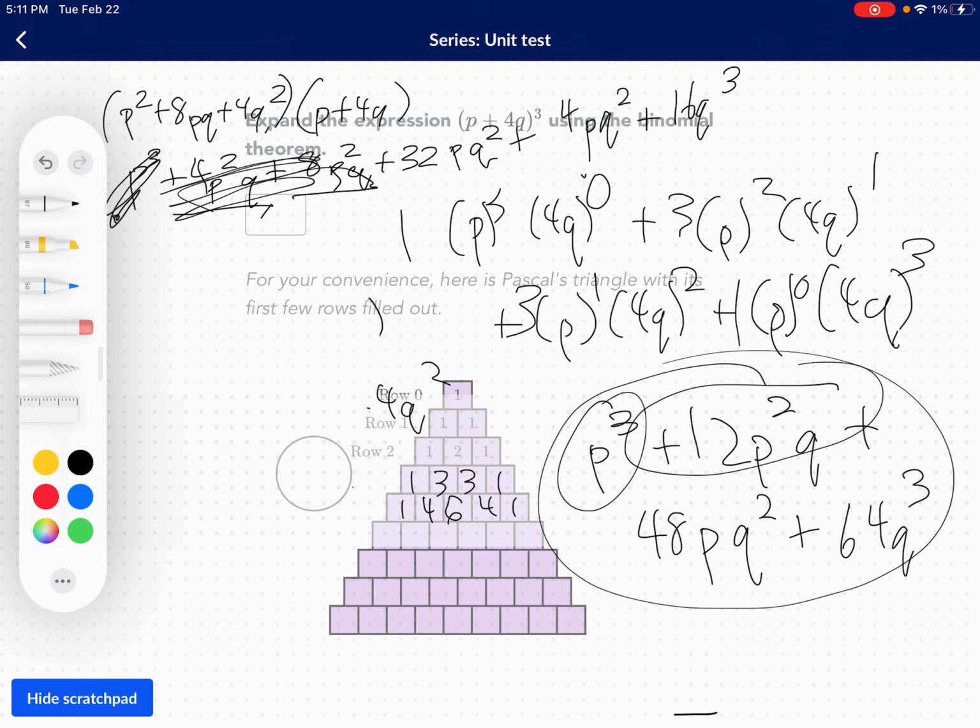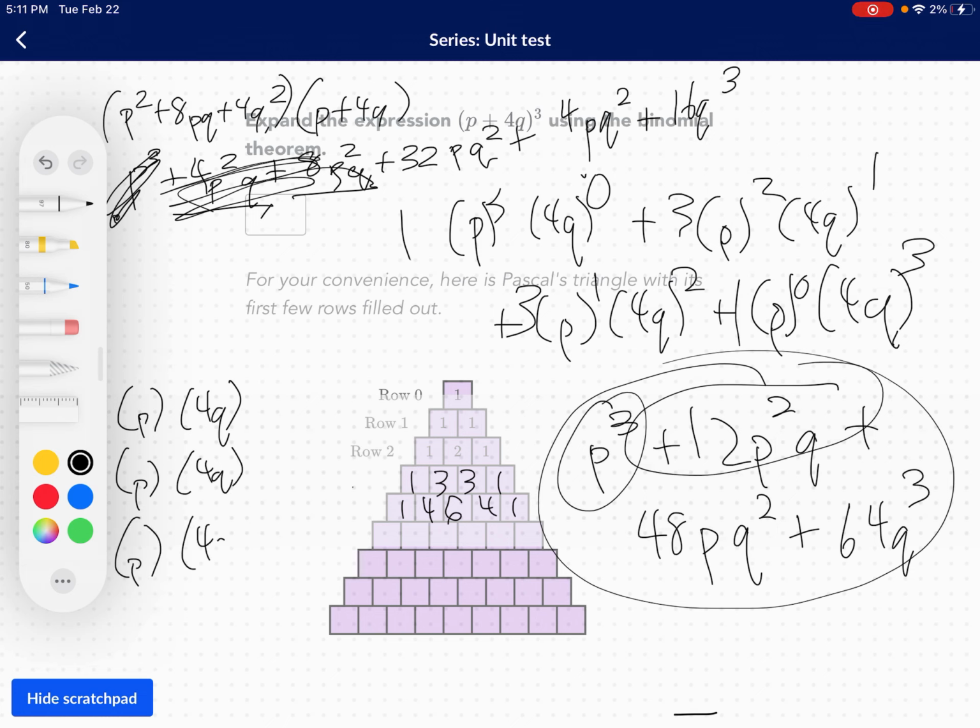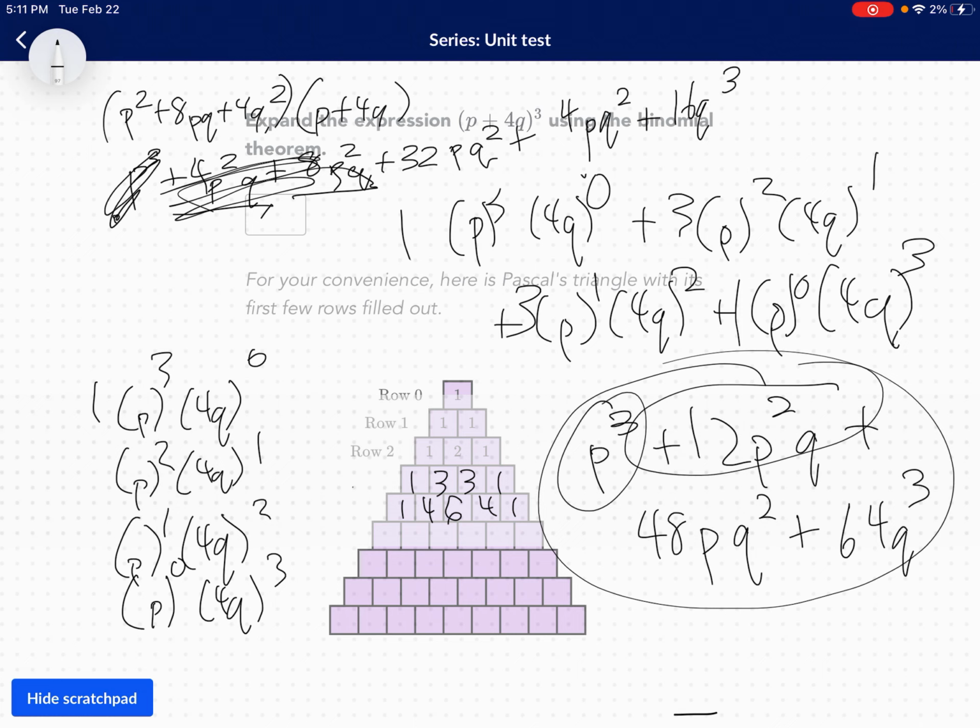How about I'll just redo this. So (P + 4Q)^3. Descending 3, 2, 1, 0, 0, 1, 2, 3. Coefficients 1, 3, 3, 1.